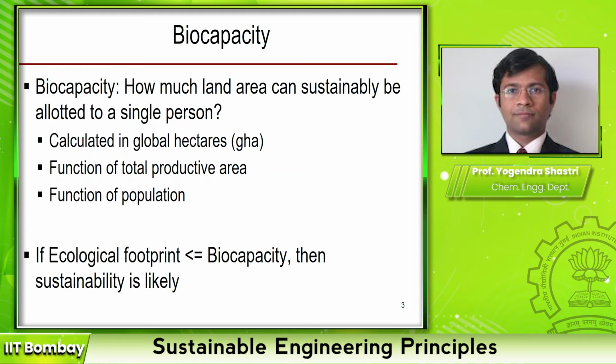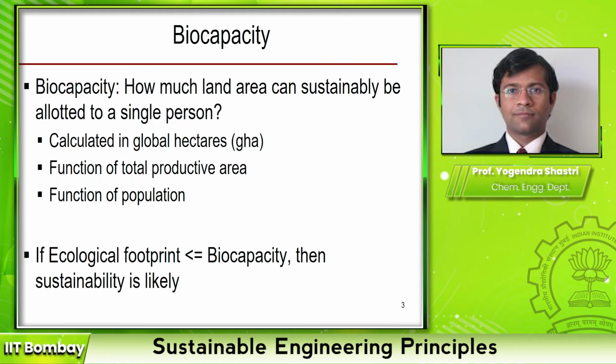So this is again global hectares per person, but it tells you how much area an individual can be allotted given the current resources. So biocapacity is a function of two important things. One is the total productive area. It again includes different types of areas that we have already seen, like cropland, grazing land, forest land, and so on. And it is also a function of population because we are calculating the area that can be allotted to a single individual.